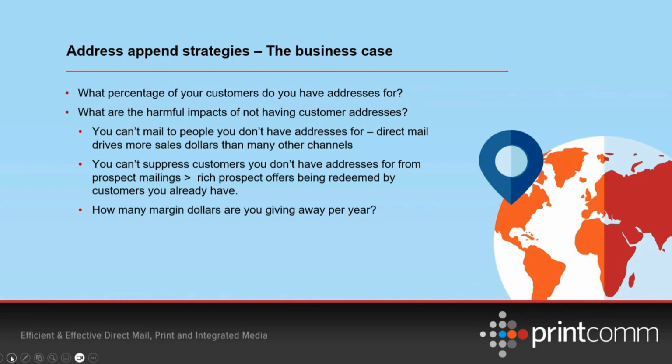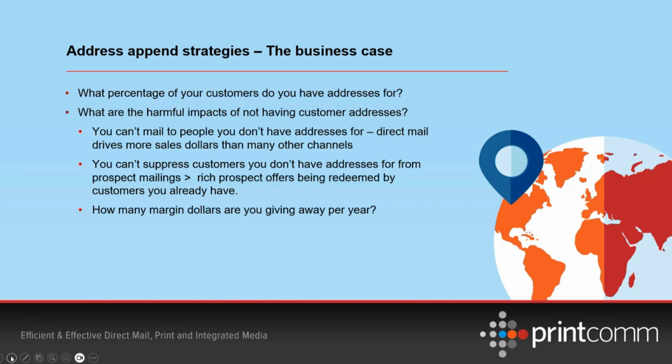I'm willing to bet if you really delve into that, in a lot of cases, it's less than 50%. And why does that matter? There are some harmful impacts. The first one is you can't mail to people you don't have addresses for.